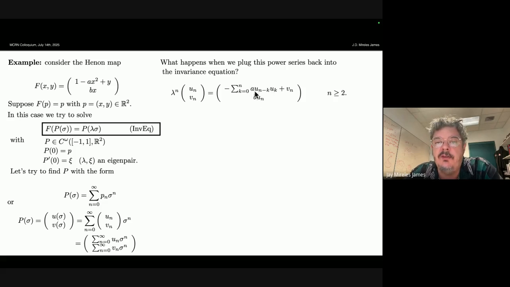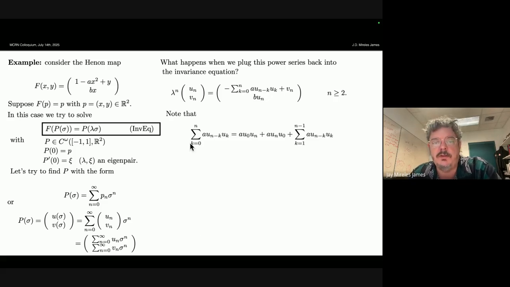So we'd like to see if we could isolate terms of order n, so un and vn. Over here, the un and vn are sitting nicely. Over here, they're still locked up inside this sum. So we look at this sum and ask, how could we get a term of order n here when we're doing one of these additions? Well, if k were equal to 0, we'd have un times u0.